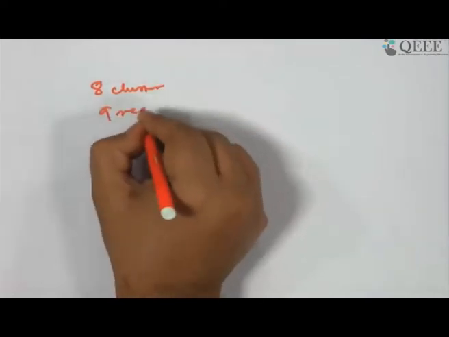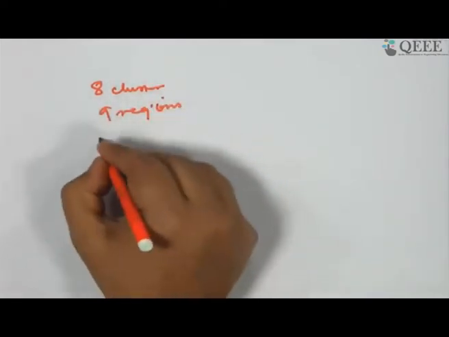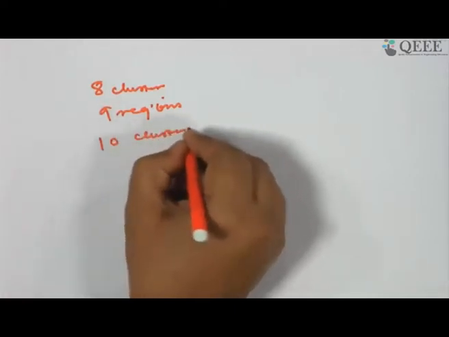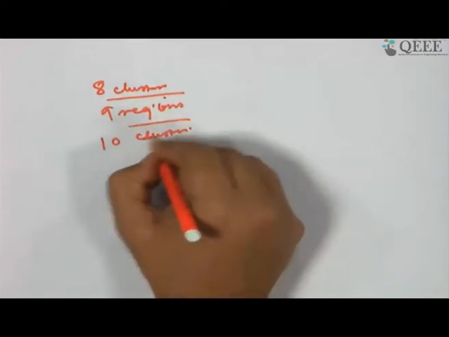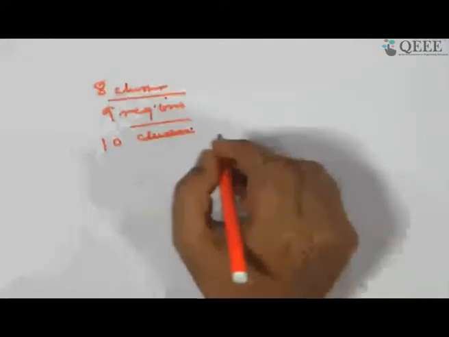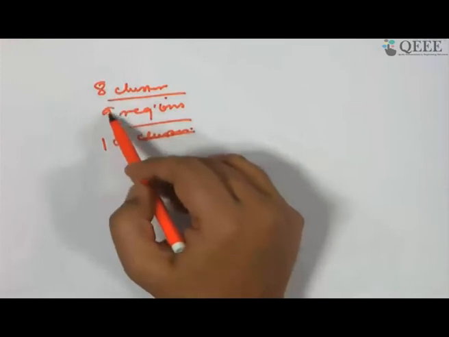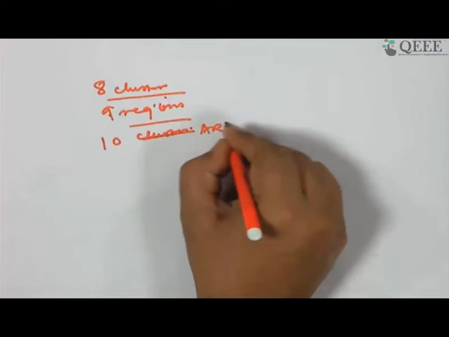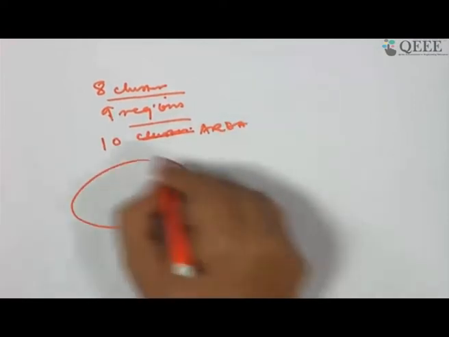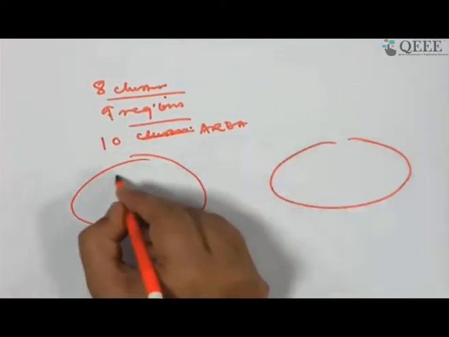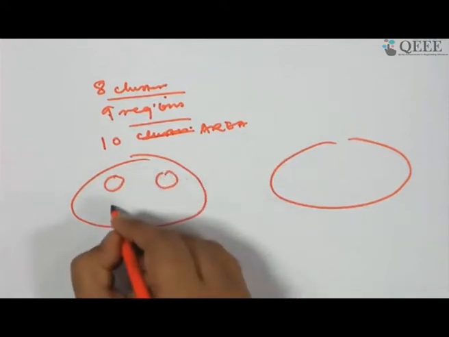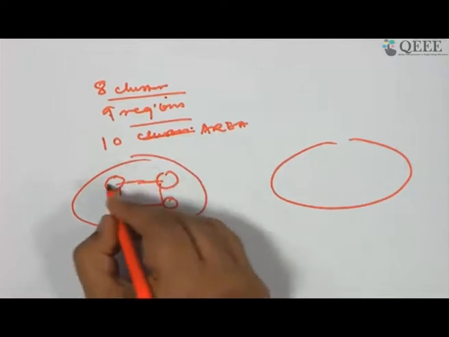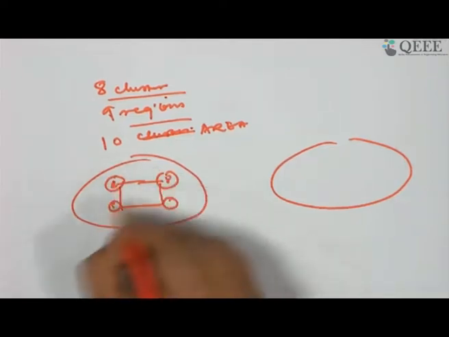You have 10 areas, inside those areas you have 9 regions, and these 9 regions have 8 machines inside.